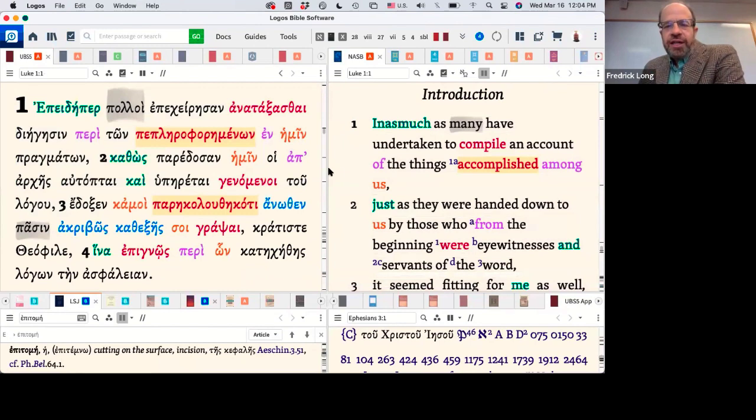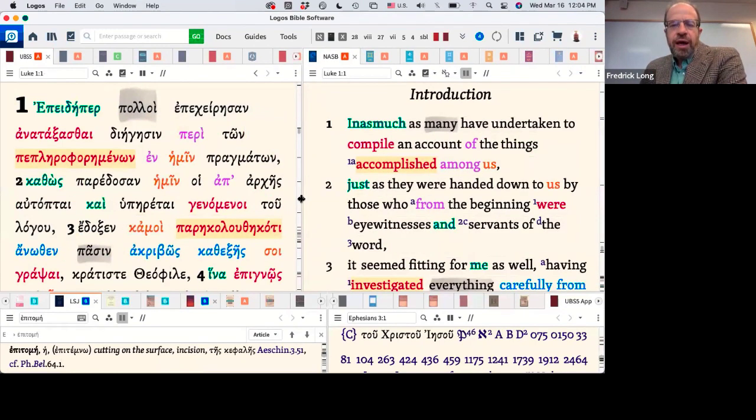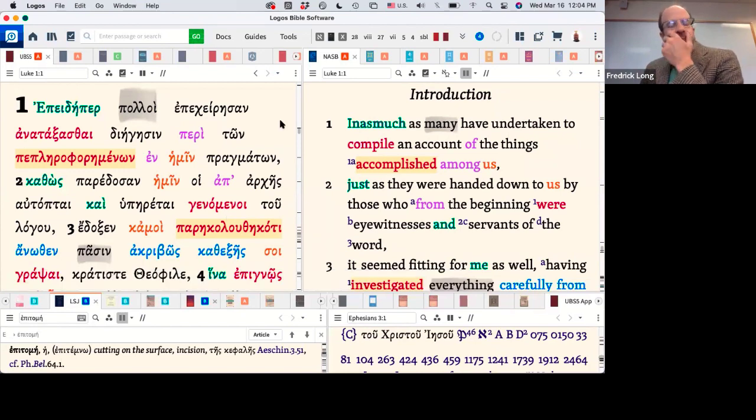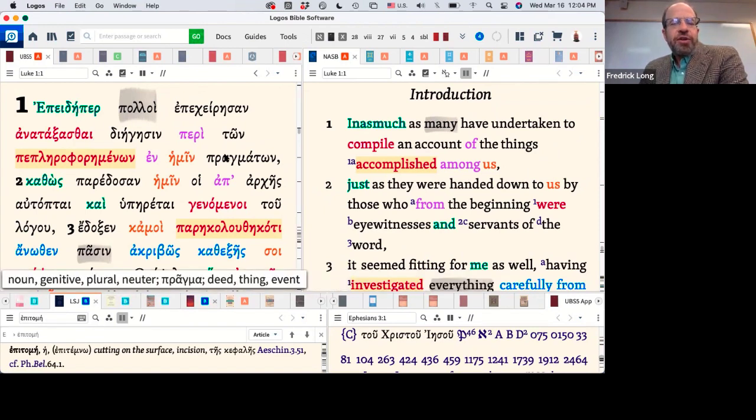Good. I've got a color coding filter applied in my Logos Bible software, and some of you may not be able to see it if you're colorblind, which some people are. But if you can see it, purple are prepositions. Orange are conjunctions.